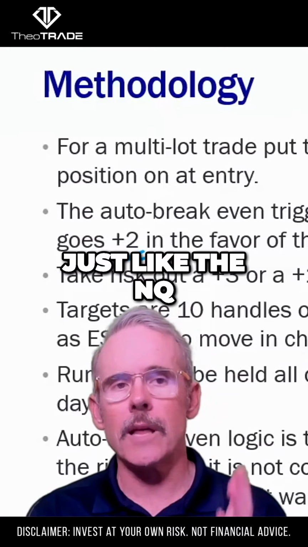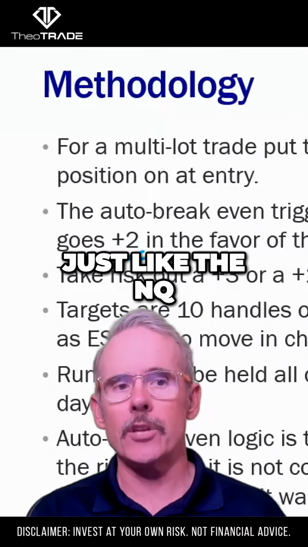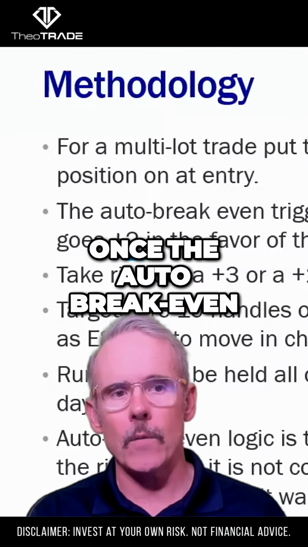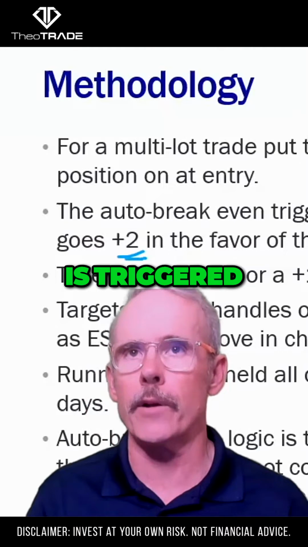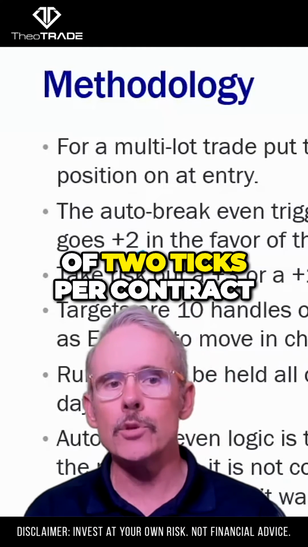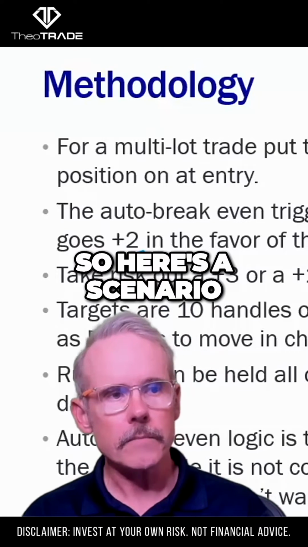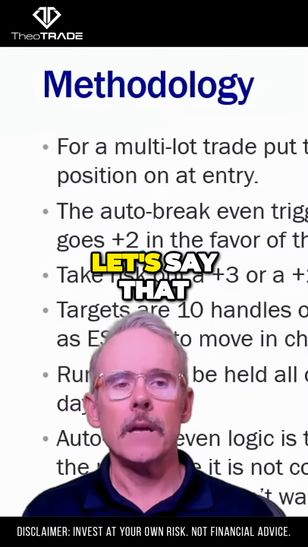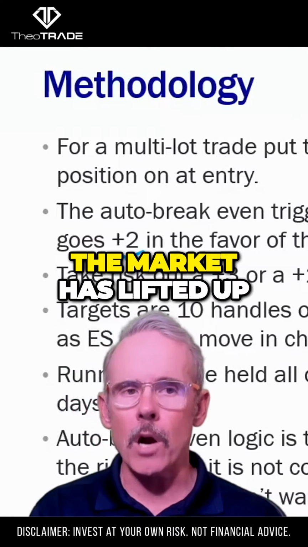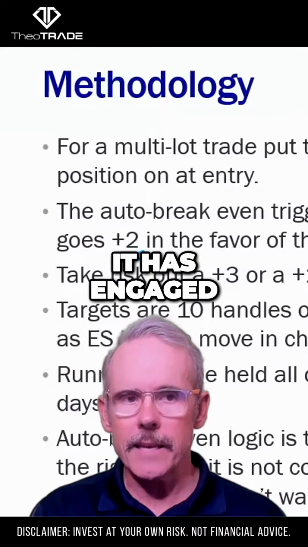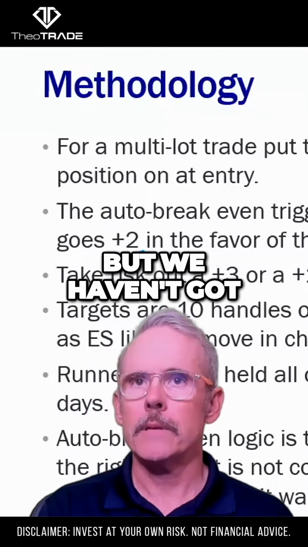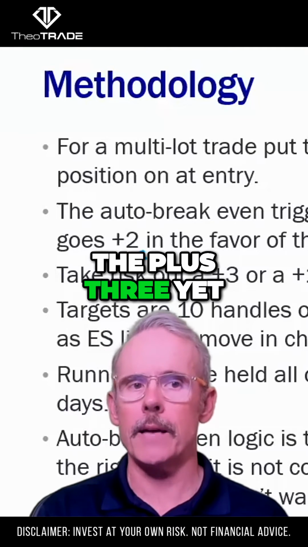And again, just like the NQ, I use an offset. Once the auto break even is triggered, I use an offset of 2 ticks per contract. So here's a scenario. Let's say that the market has lifted up. It has engaged our even stop, but we haven't got the +3 yet.